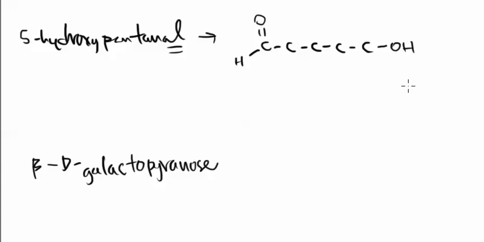Okay, so there's the straight chain, and we know that an intramolecular reaction can happen, and this carbonyl can actually react with the OH group if it's far enough down to give us a 5-membered or 6-membered ring. So the question number 1 is, if this forms a ring, what type of ring will it form?